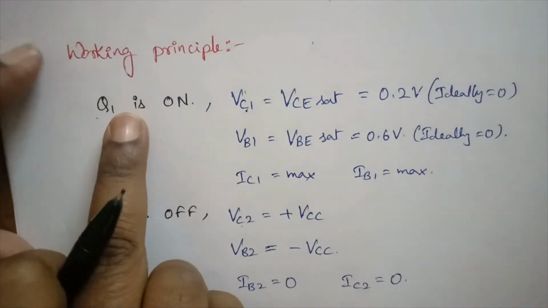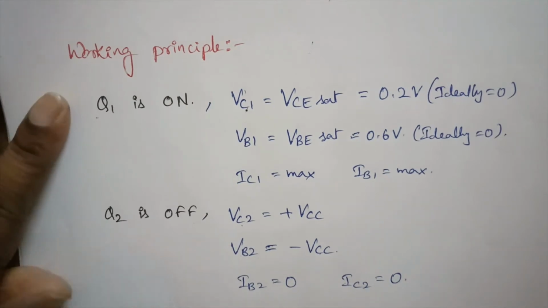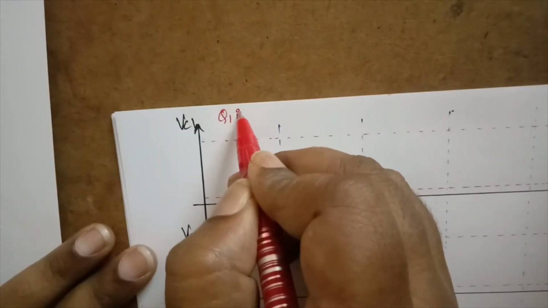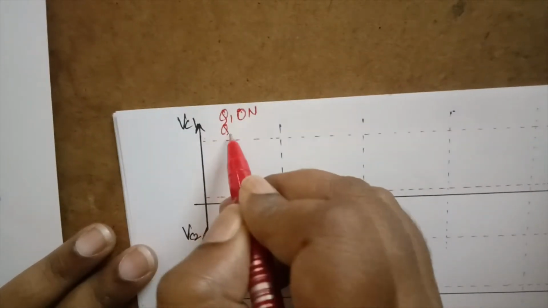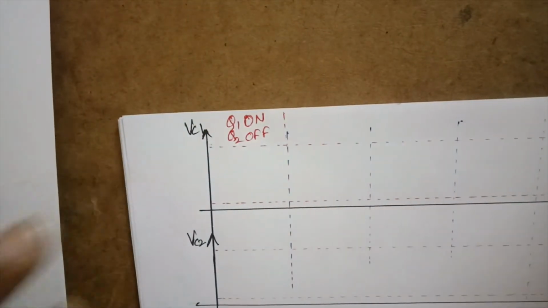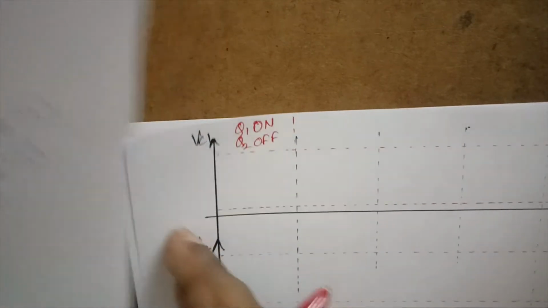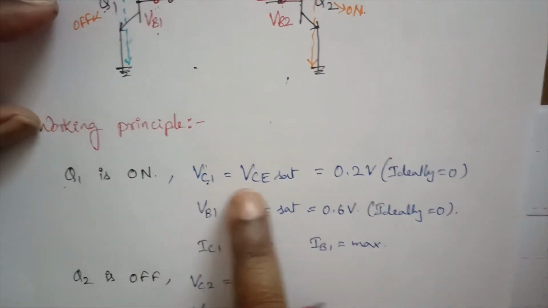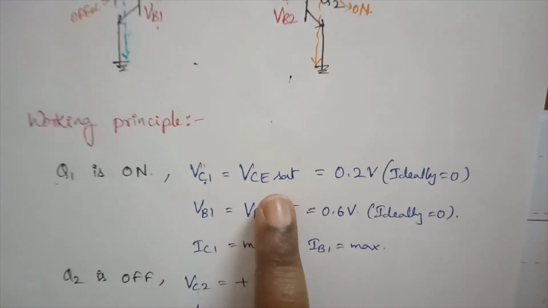So first I will start with when Q1 is on and Q2 is off. So mention here, first Q1 is on and Q2 is off. So now what happened? So this is a line for differential. Next, in this case VC1 is equal to VC sat.